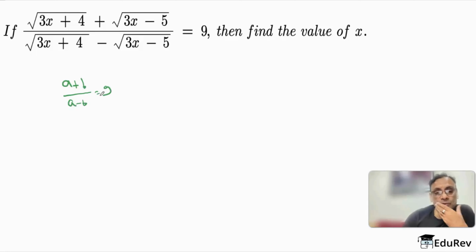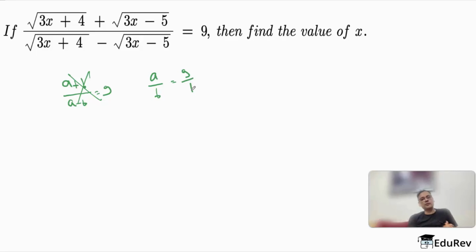This is already in componendo dividendo form. Then how do I get it back to the original form? Don't do it this way. You assume the numerator to be A. So you assume the fraction to be of the type A by B is equal to 9 by 1.